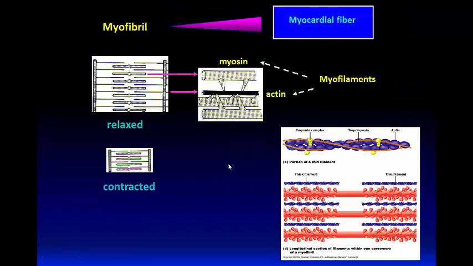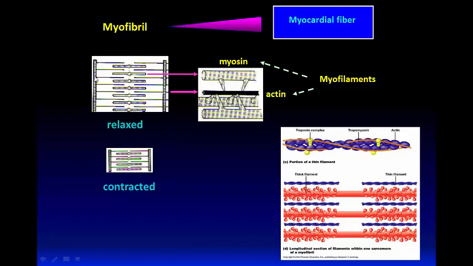So now let's describe the mechanism of sliding of the thin filaments past the thick filaments in the sarcomeres of the skeletal muscle, of the cardiac muscle cells. So here we have a cardiac muscle fiber, a myocardial fiber, or a myocardial cell, or a myocyte. And as we mentioned, the sarcoplasm, the cytoplasm of the fiber, is packed with myofibrils.